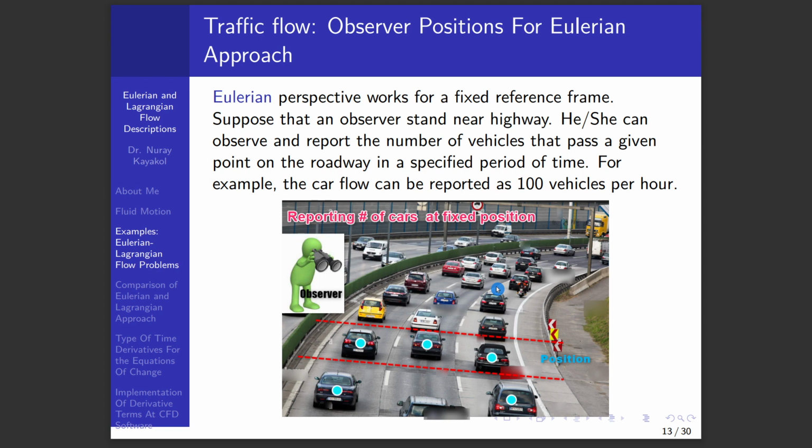You see a highway, an observer is standing nearby. Then at a fixed position, the observer reports the number of cars. So the observer can report the number of vehicles for a specified time period. For example, 100 vehicles per hour. This will be an Eulerian perspective.